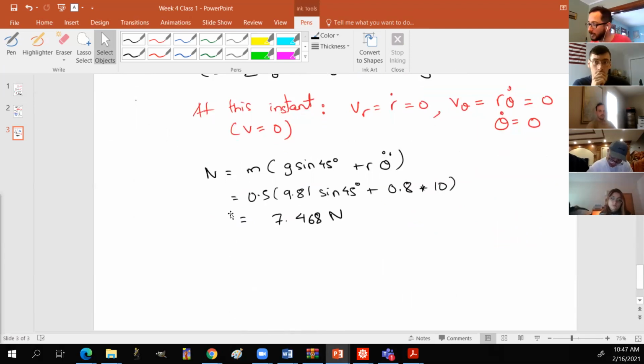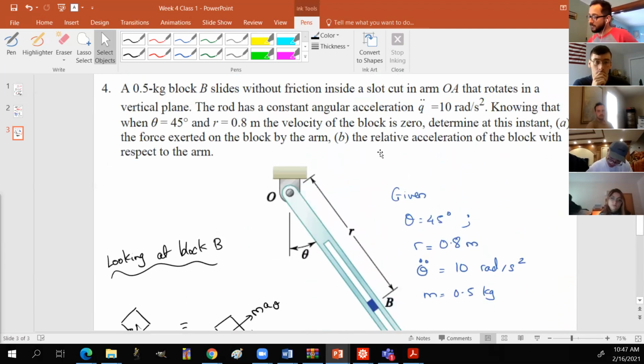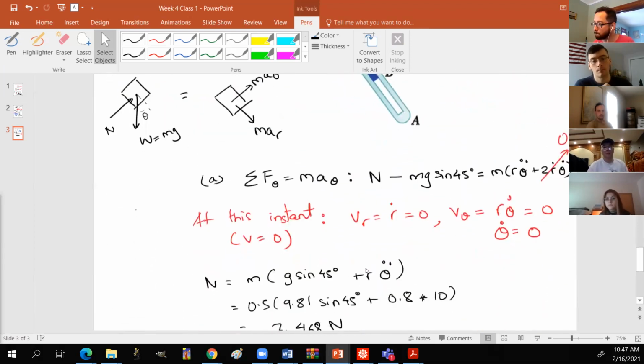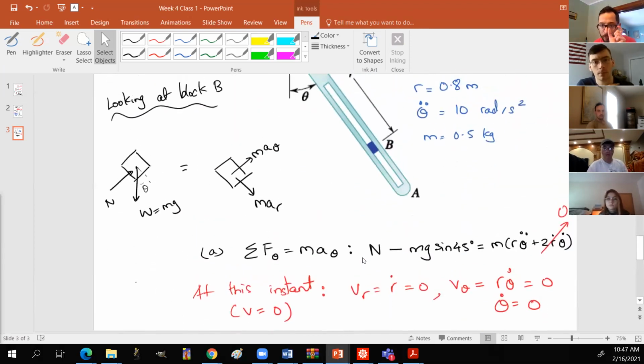Okay, and then for the next part of the problem, you're asked to find the relative acceleration of the block with respect to the arm, which is just going to be what? What's that going to be, in terms of the accelerations for r and theta that you get?